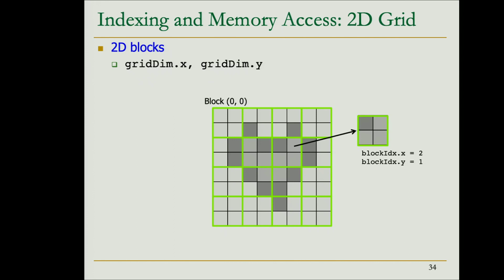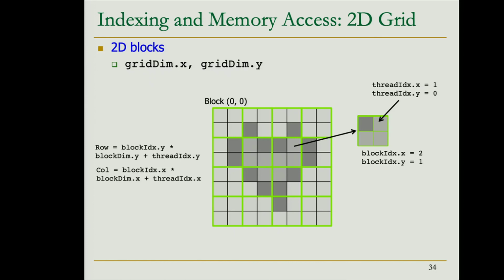The block that is going to operate on this tile of the image is, in this case, block 2-1. And we can assign threads to each of these individual pixels, and that one, for example, would be threadIdx.x 1, threadIdx.y 0.